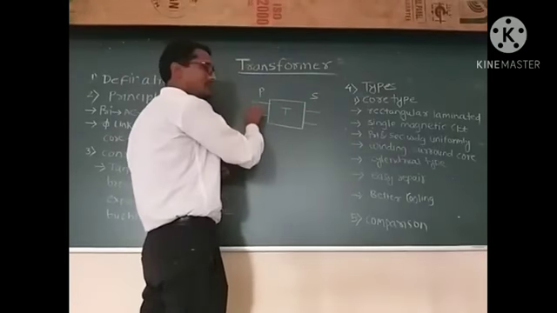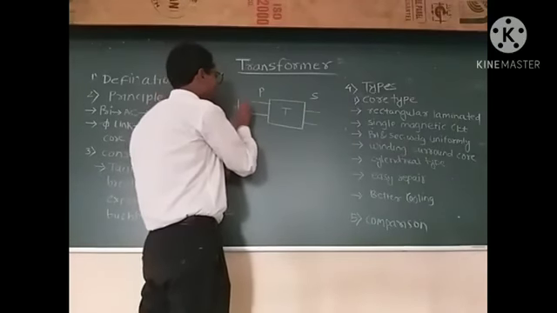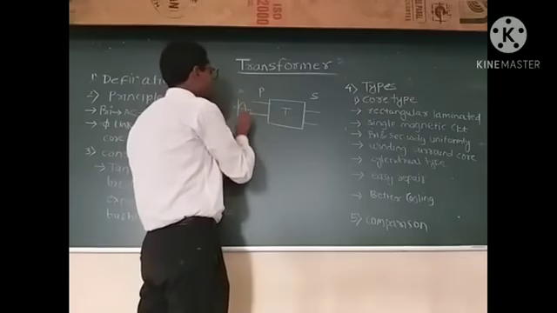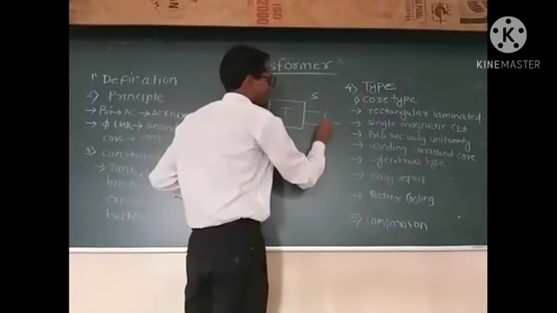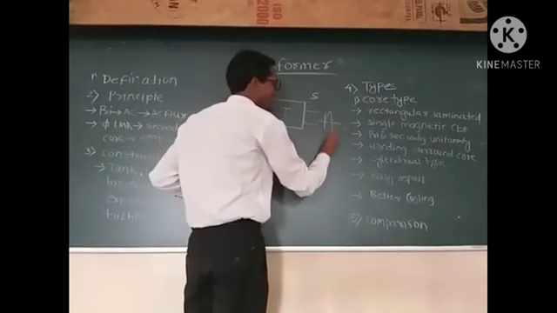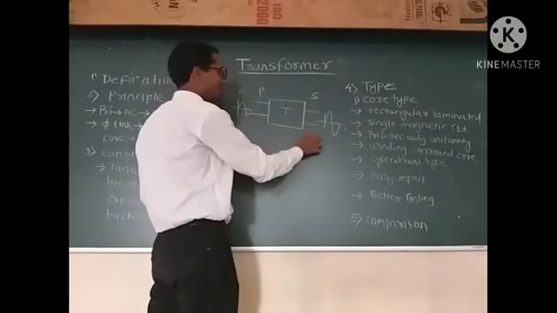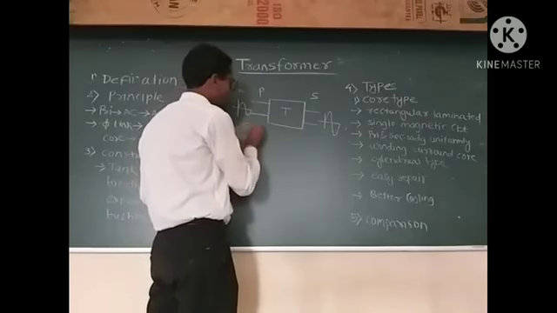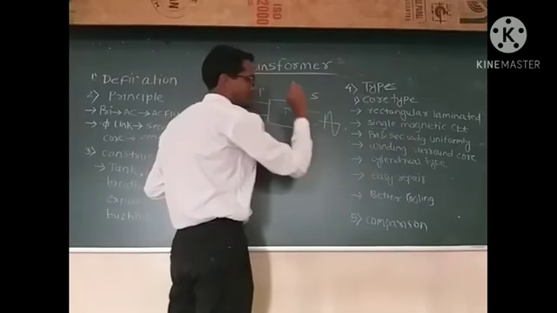Consider it is the primary side. Here we give an electrical supply, that is AC supply, to this side, then the other side has changes in the magnitude of voltage and current. But the frequency doesn't change. Here it is 50 Hz frequency, and we get 50 Hz frequency here also.